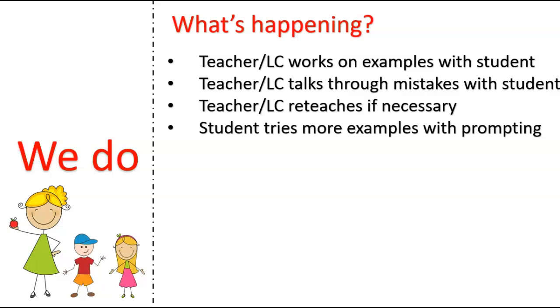Then you move into the we do, where you are working on examples together, working through mistakes, talking about them, reteaching as needed, trying more problems. You're doing a lot of prompting, a lot of scaffolding. You are maybe prompting, okay, what's step one? Okay, what's step two? No, that's not what we're doing. Remember, step two is this. So lots and lots of prompting.